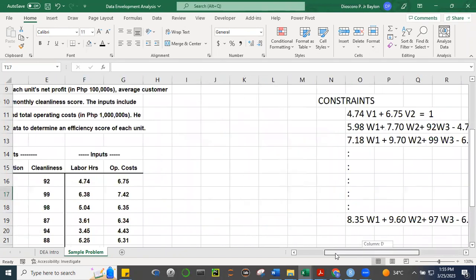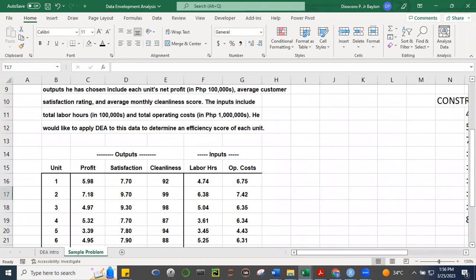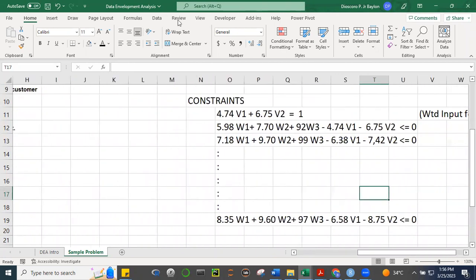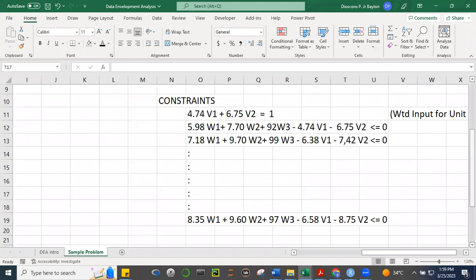If you want to complete that, I'll give you a few seconds. So we have identified our decision variables, our objective function, and our constraints.